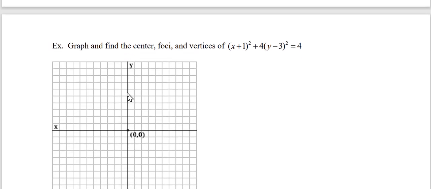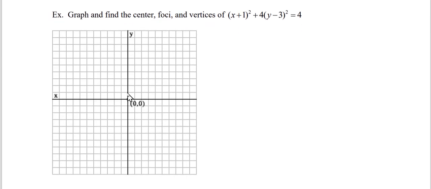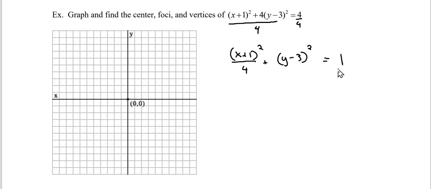Okay, here's a little different one because the center is not the origin. We do have to do that same trick where we're going to divide both sides of this by 4 to give us (x plus 1) squared over 4 plus (y minus 3) squared equals 1.